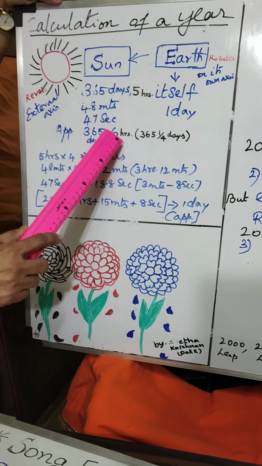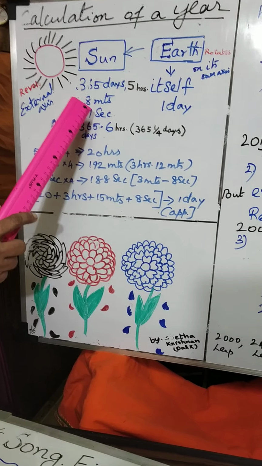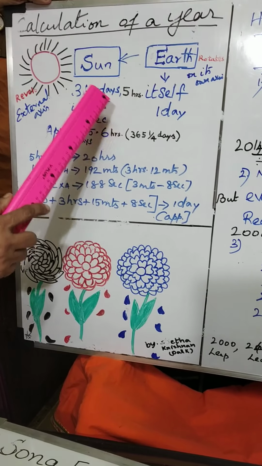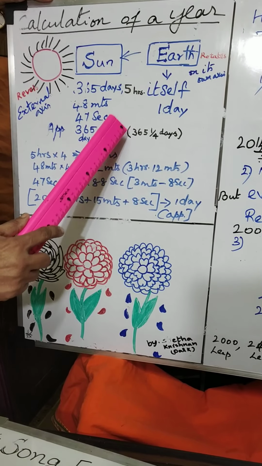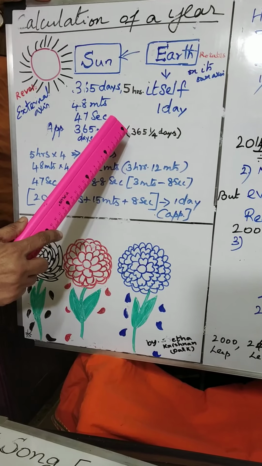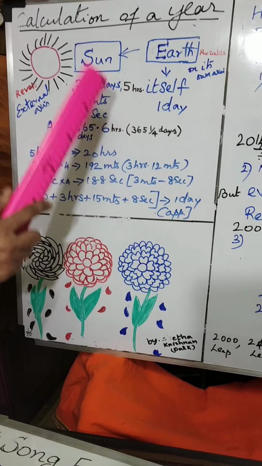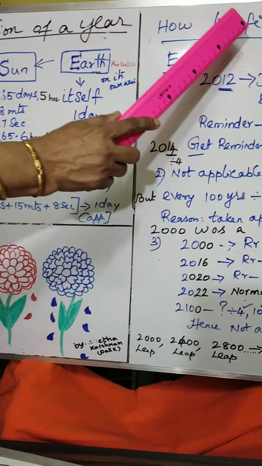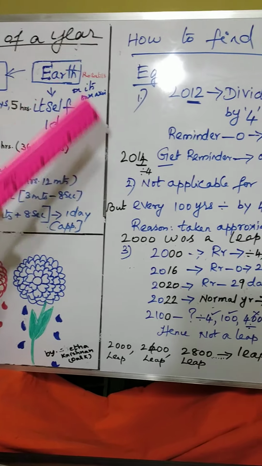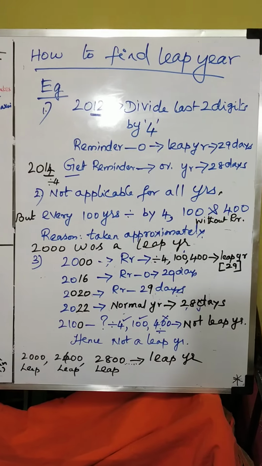Now the 6 hours over 4 years make 24 hours, and that 24 hours make a day. That is why once in 4 years we get 366 days. That is called a leap year. That 1 day will be added in the month of February.